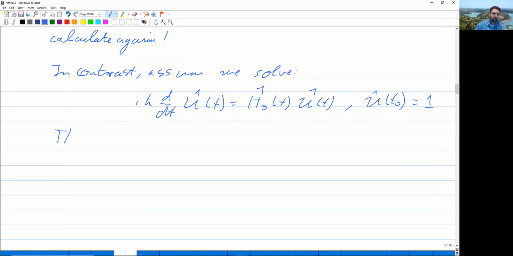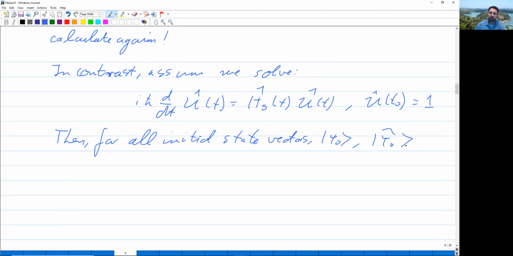Then for all initial state vectors, such as psi naught or psi naught tilde, etc., we immediately obtain their time evolution.